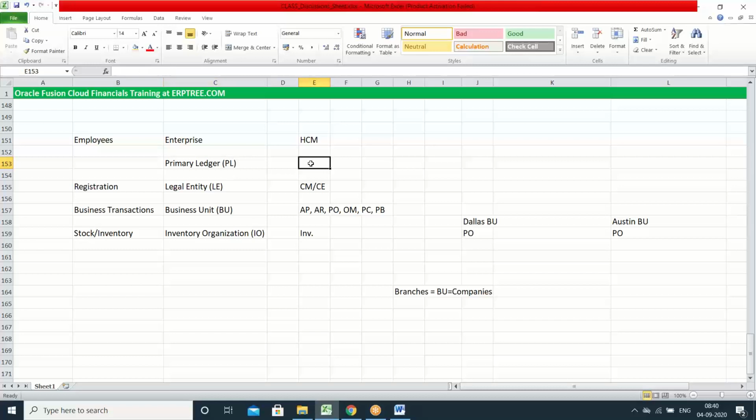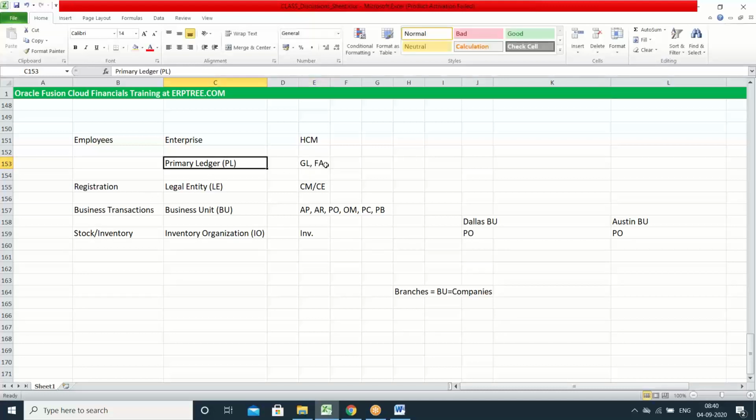At the primary ledger level, you can map the applications like GL and FA, fixed assets. When we record a transaction in the general ledger application, the transactions we record are specific to the primary ledger. In the same way, in fixed assets, when we create assets, we create them based on the primary ledger.